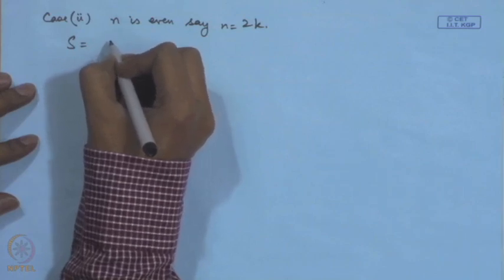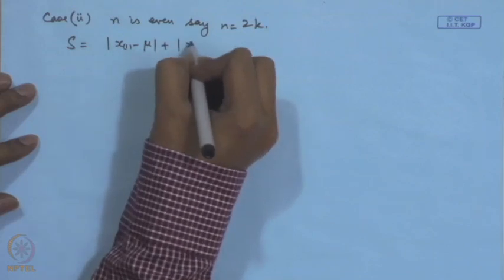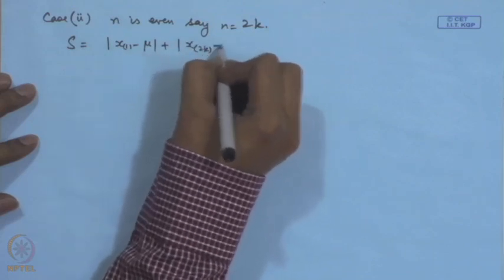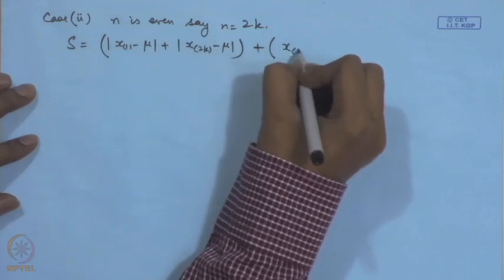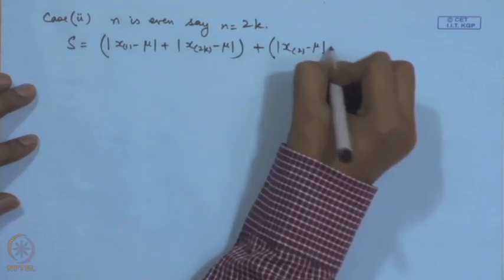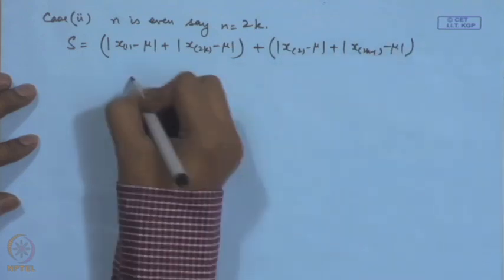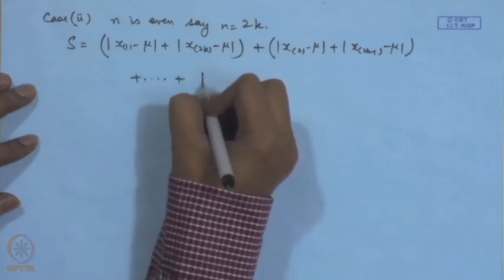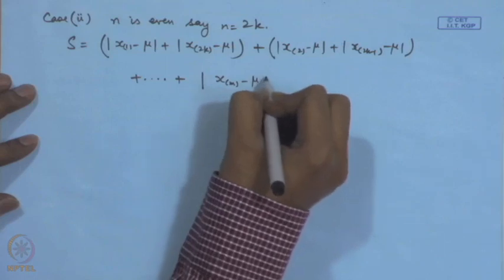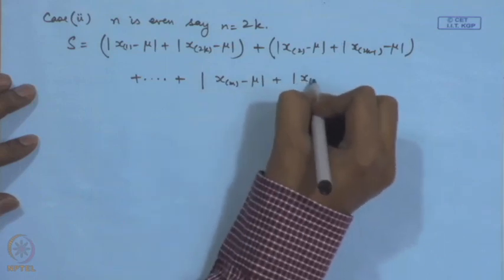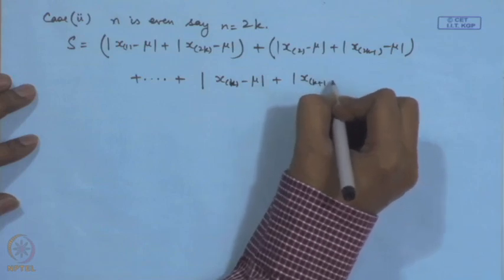Therefore, we will write the clubbing in this fashion: x 1 minus mu plus x 2 k minus mu plus x 2 minus mu plus x 2 k minus 1 minus mu and so on. In the final, it will be x m minus mu plus x k minus mu and x k plus 1 minus mu.